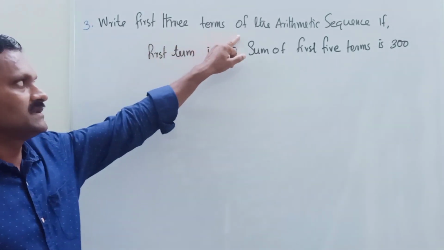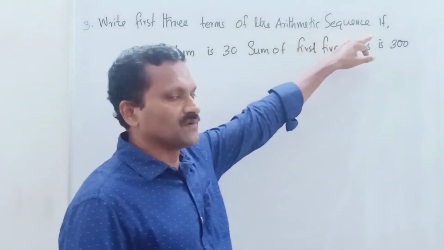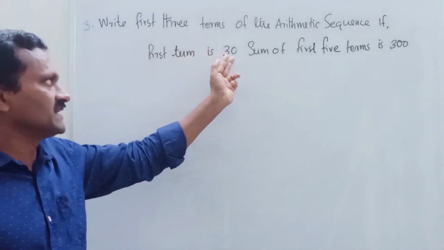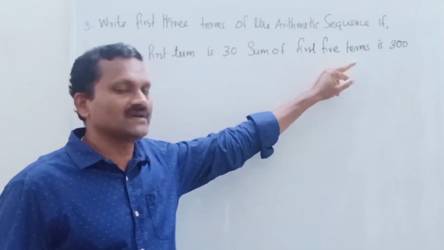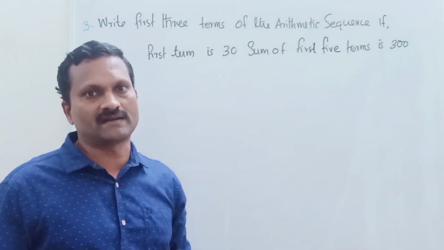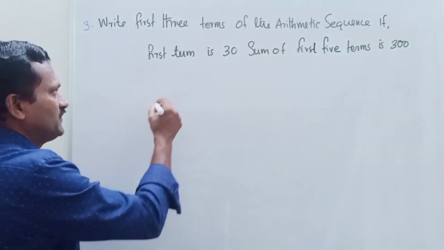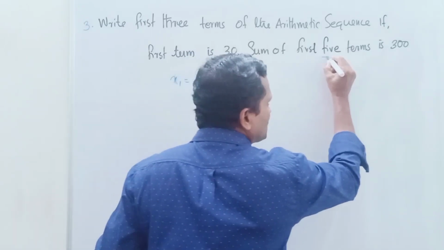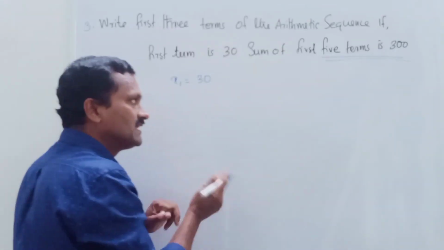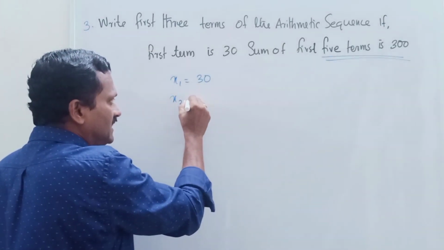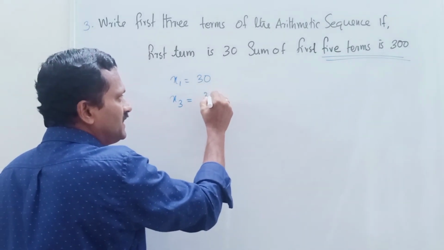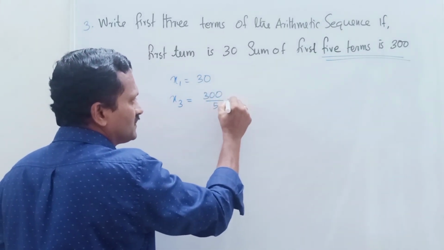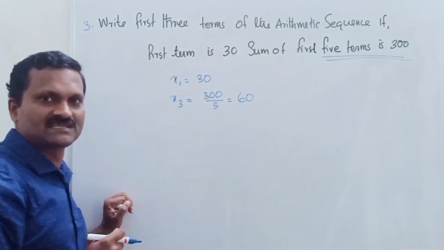Write the first three terms of the arithmetic sequence if the first term is 30 and the sum of the first five terms is 300. Here the first term x1 equals 30 and the sum of the first five terms is given. Then the middle term x3 equals the sum divided by the number of terms, that's equal to 60.